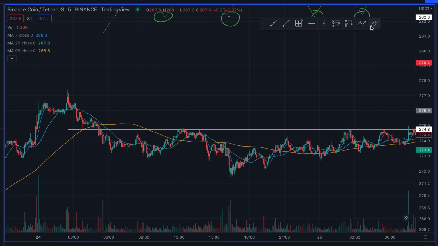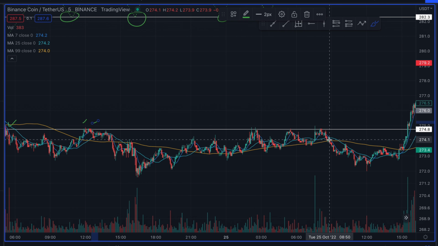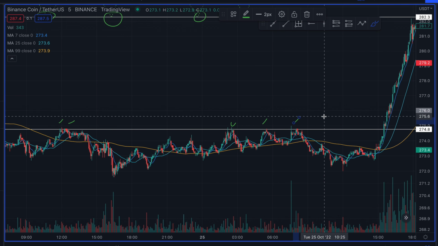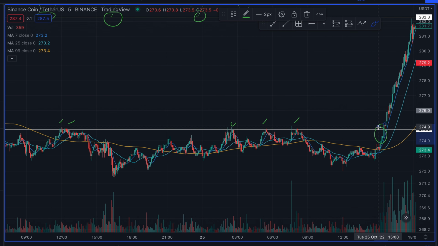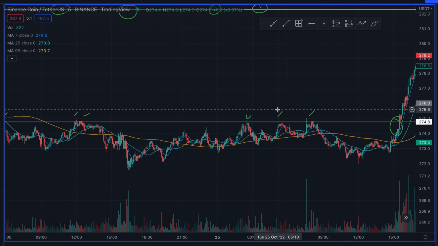So we have 1 point here, second, third point, fourth, fifth, sixth, and here we have the breakout and a really great long position.